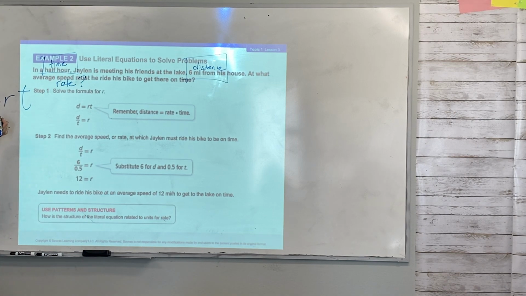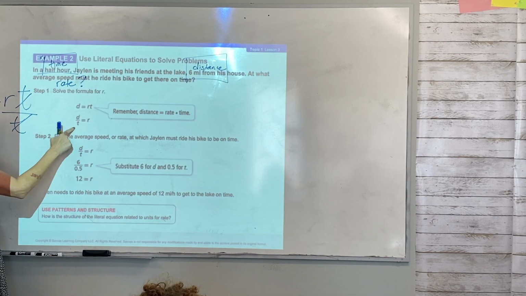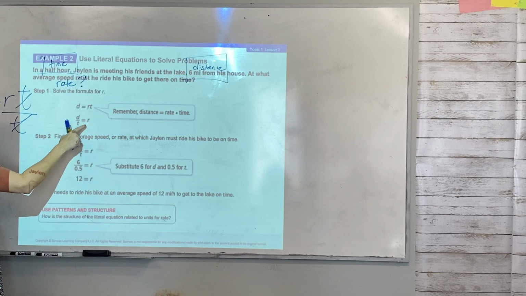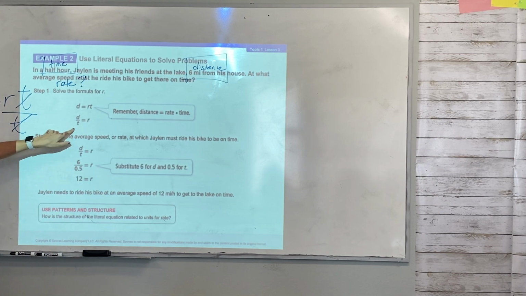How do I do that? You have to divide by T. Good, that's how we take a t out algebraically. Divide by t on both sides. Now we have rate equals distance over time, which we've talked about before. Miles per hour, that kind of thing. Rate equals distance over time. That's our rewritten formula.